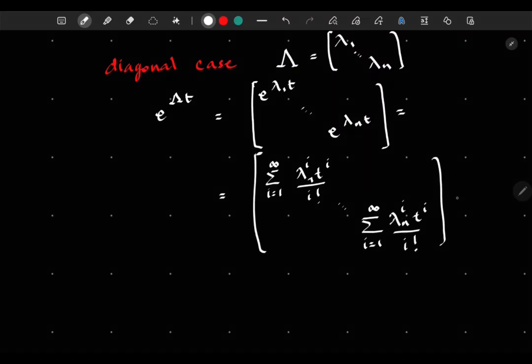And we can collect these terms so that our exponential of a matrix becomes the Taylor series of Lambda to the k, t to the k, over k factorial, for k that goes from 0 to infinity. And in particular, we define Lambda to the 0th power as the identity matrix.